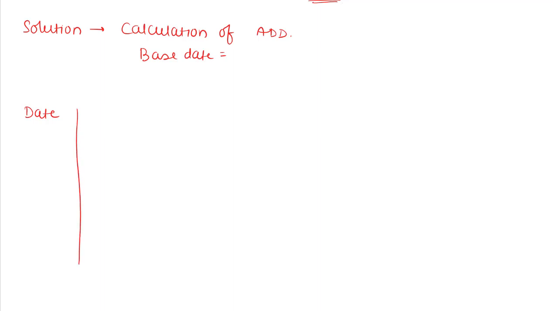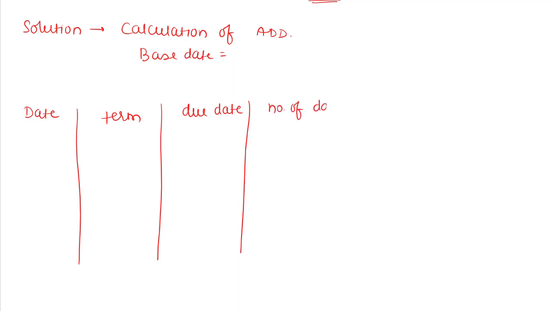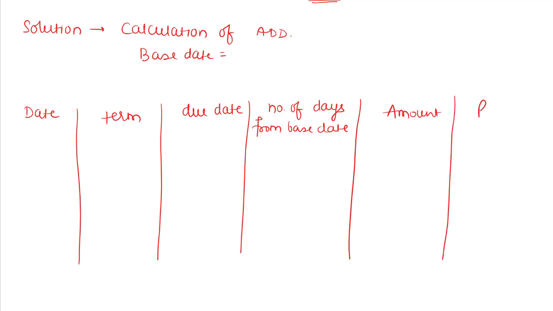Make columns: date, term, due date, number of days from base date, amount, and at last product.